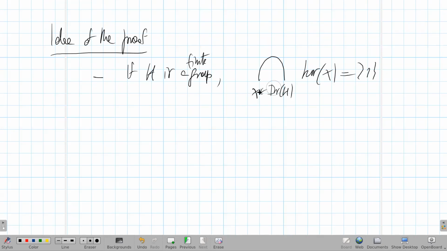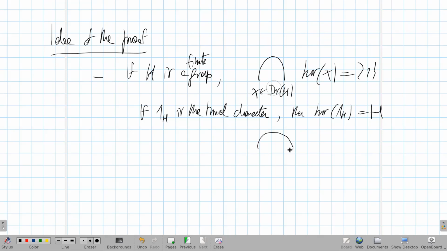But since in any finite group you have the trivial character, this is the first line in a character table, the line of all ones, then the kernel of 1_H is H. So the trivial character does not contribute to this intersection, because you are intersecting an object that is a subset of H, and this is H.